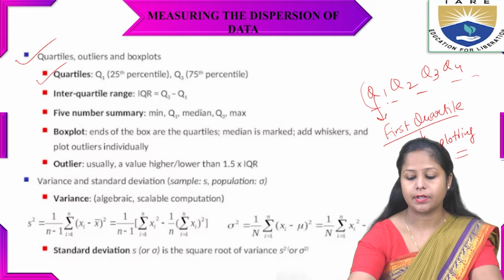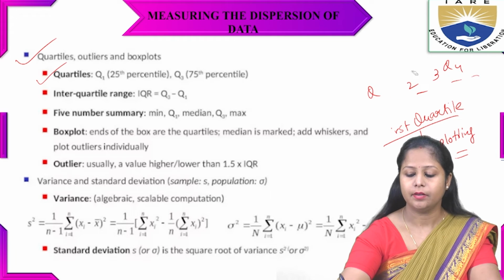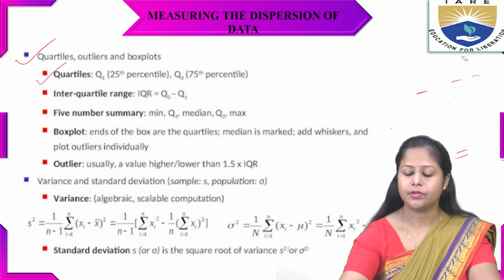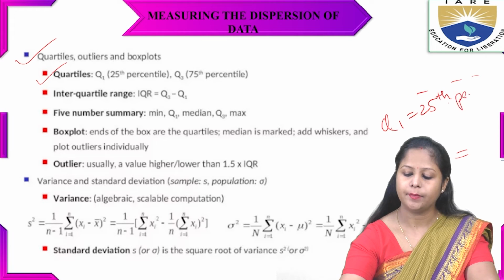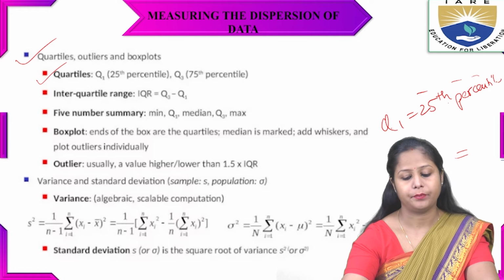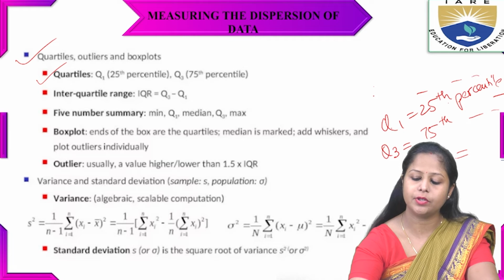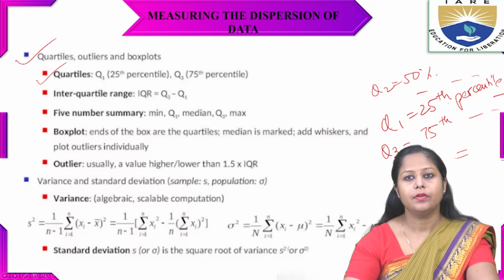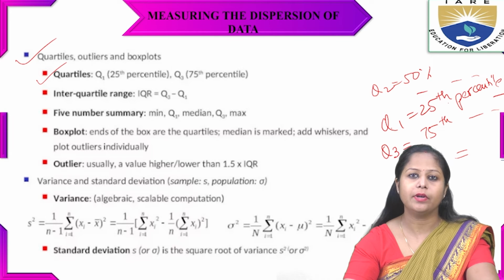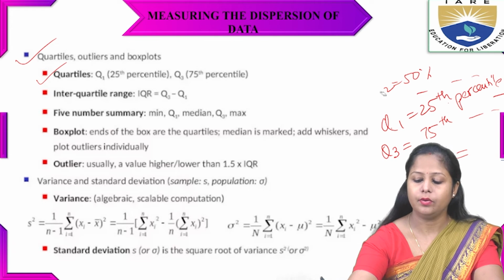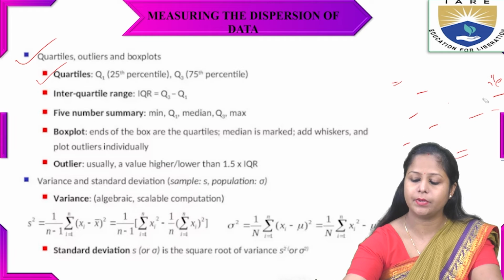The first quartile is nothing but the 25th percentile of the data. There is also Q3. Q3 is nothing but the 75th percentile of the data. Q2 is the 50th percentile of the data. So like that we need to calculate that type of data. This is the 5 number summary.